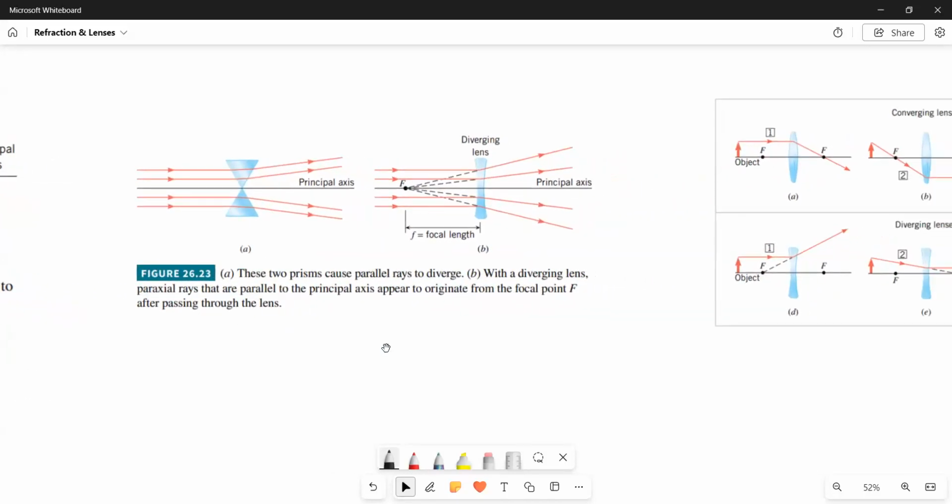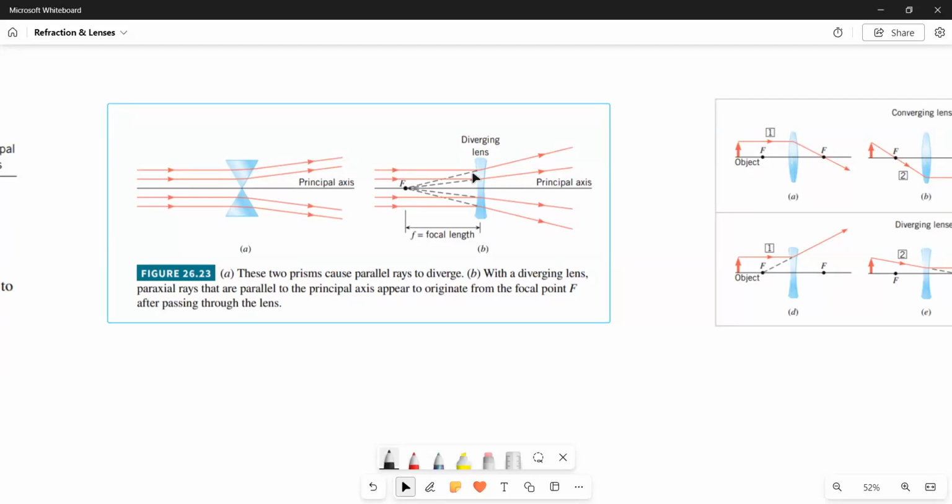This here is the opposite, a diverging lens. Very much like you take two prisms and put them in that shape. And what happens is that the light is refracted in a way that, instead of going to a certain focal point, it spreads out the light more, as you see here.